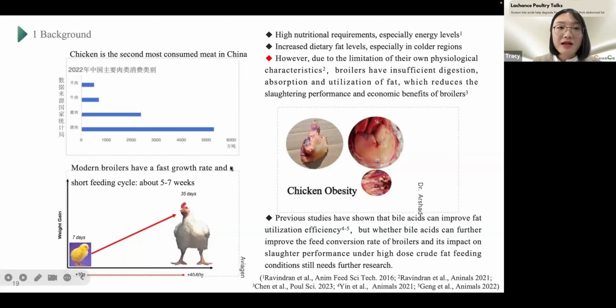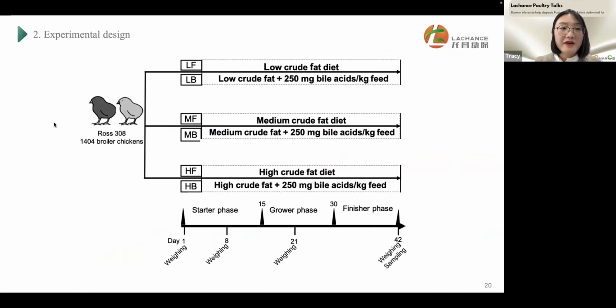So this is the background of this scientific article. And then I would like to show you the experimental design. It was divided into 3 groups. In the first group, the control group, they used the low crude fat diet.